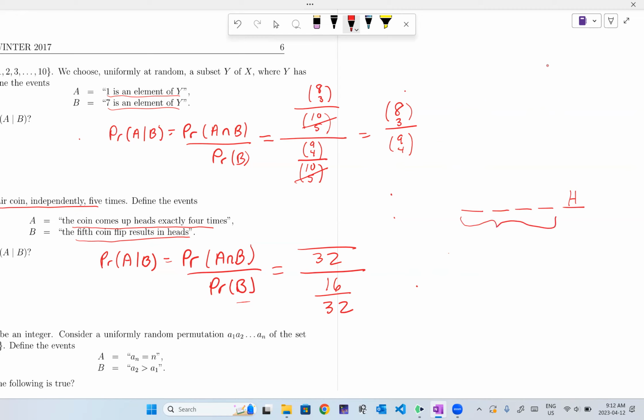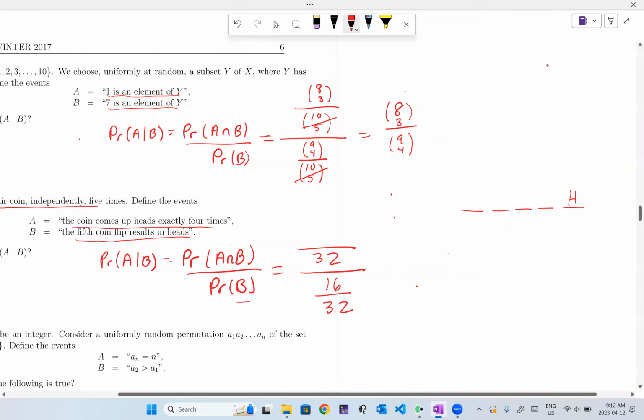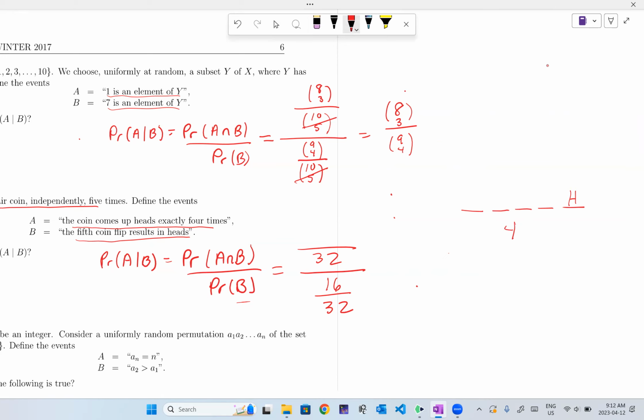So there's going to be 3 heads and 1 tail, and there are 4 choose 3 ways to do that, which is 4 ways, right? So there are 4 possible outcomes where I have 3 heads in the first 4 locations and the 5th is heads.